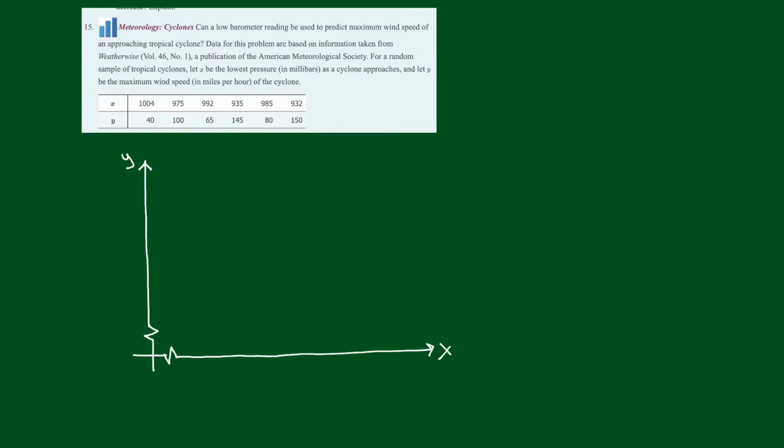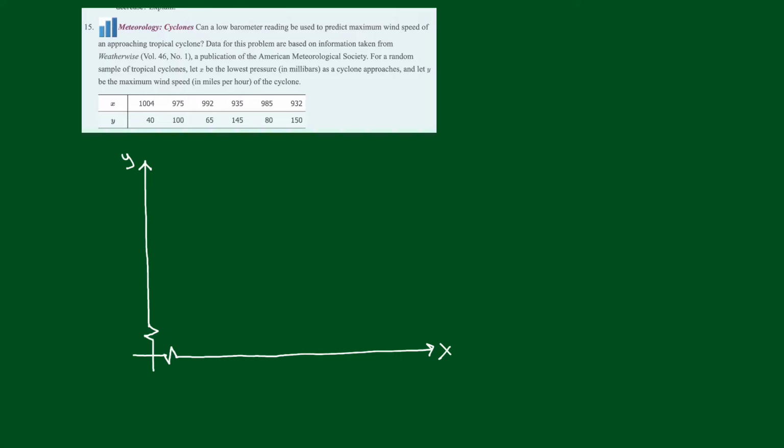Now, we're going to do this one by hand, so it's a little bit more work than we'd have to do. Typically, we just have the computer do it, and the computer would determine what kind of intervals to use here and here. But we're going to try it by hand. So look at the y's. They go from 40 up to 150. The lowest is 40, the highest is 150. But if I went 40, 50, 60, that'd be a lot of them.